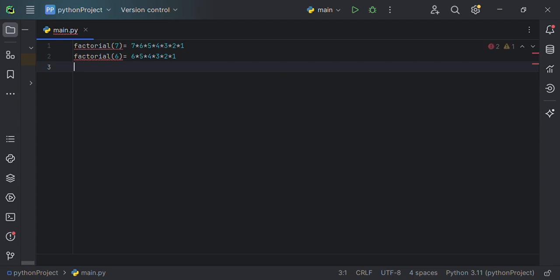And like this, factorial of 5 is 5 multiplied by 4 multiplied by 3 multiplied by 2 multiplied by 1.